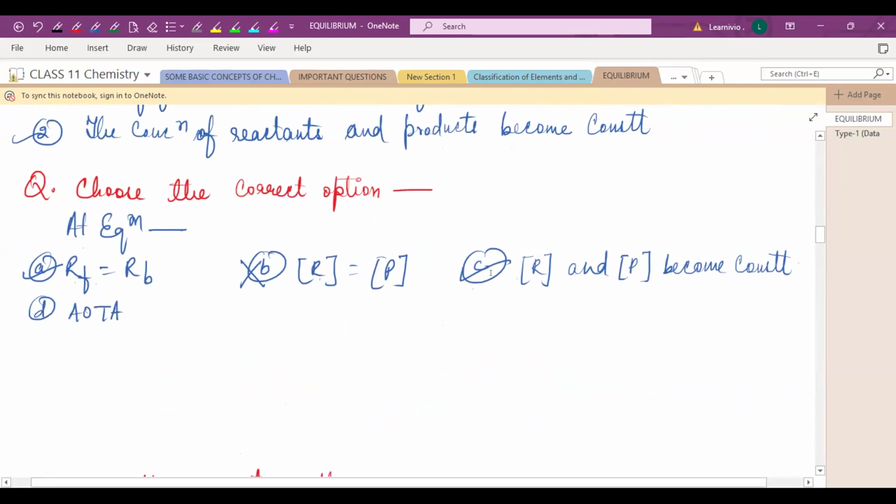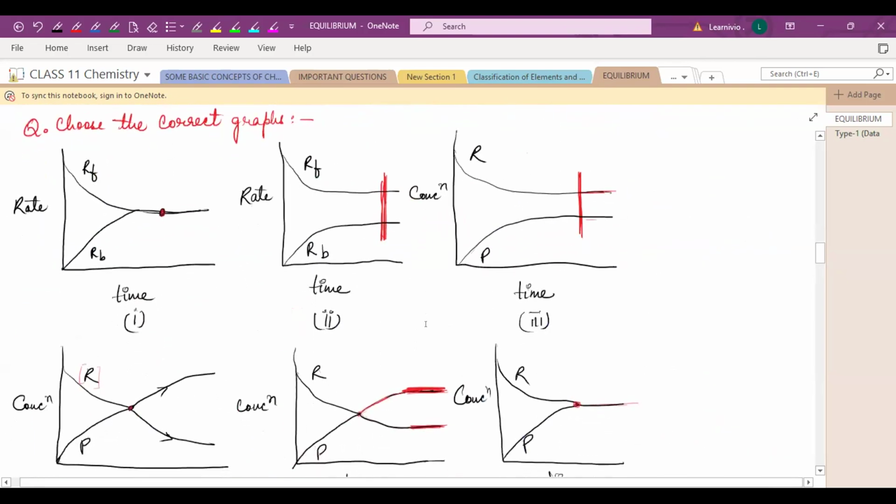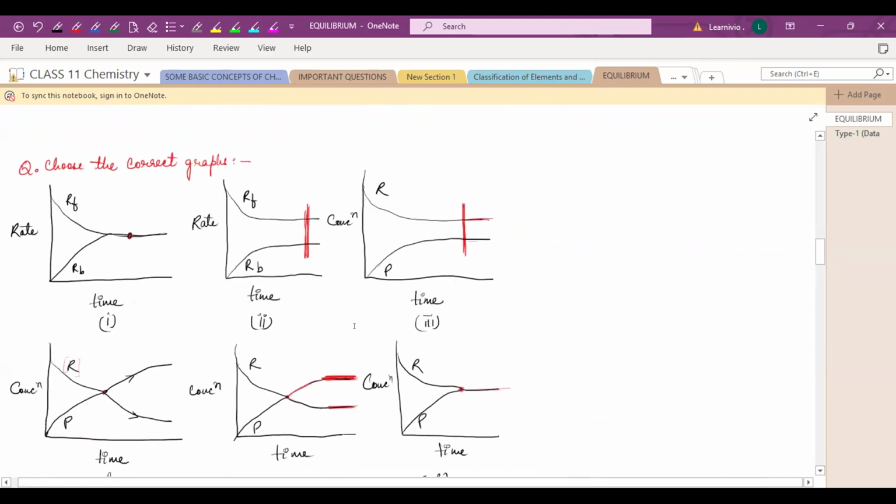Okay, now see this. You have to choose the correct graphs for the equilibrium.